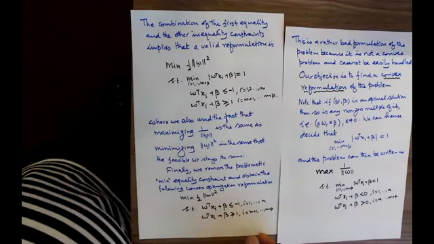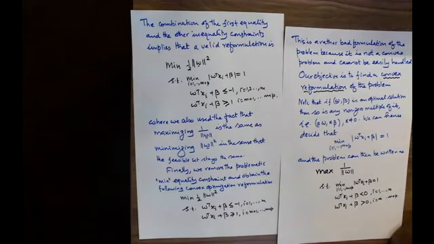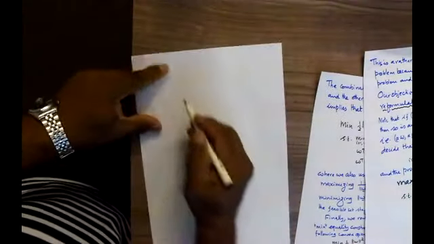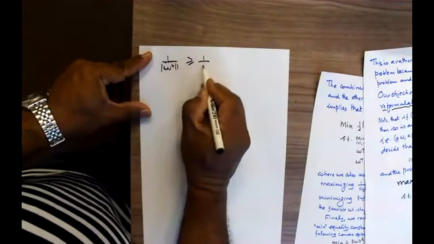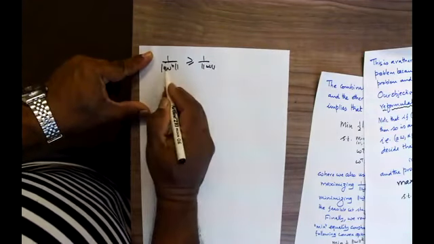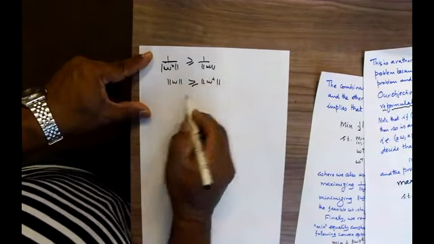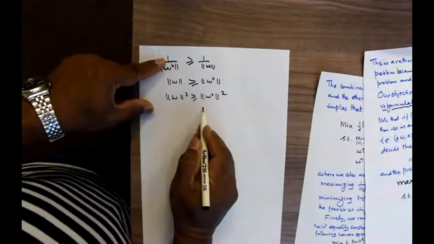If 1 over omega star is the maximum, that means it's bigger than or equal to 1 over omega for all omega, right? That's the maximum. So omega is bigger than or equal to omega star. Take the square. So that's the minimum. So maximizing 1 over omega is the same as minimizing omega squared. So you reduce this problem into this form.